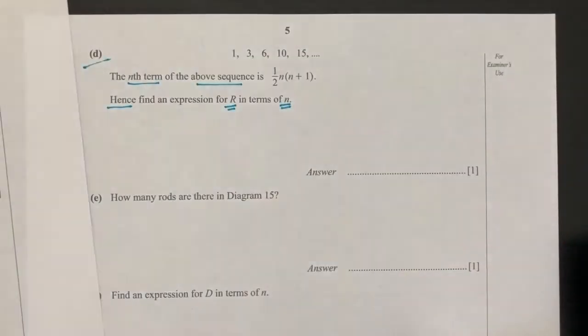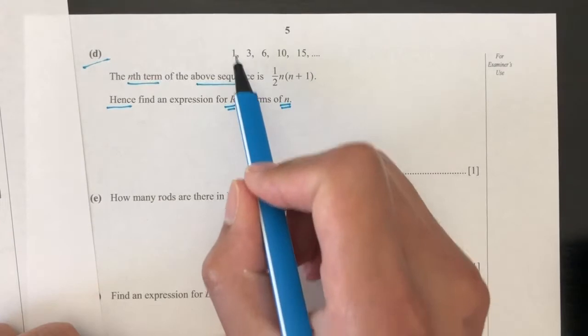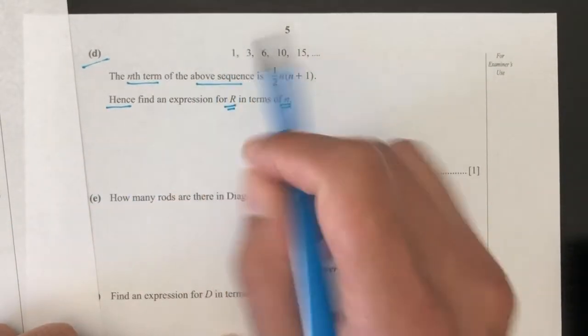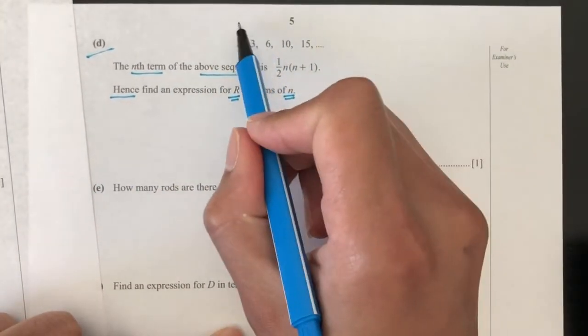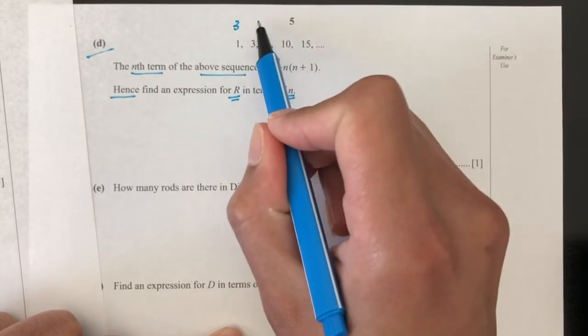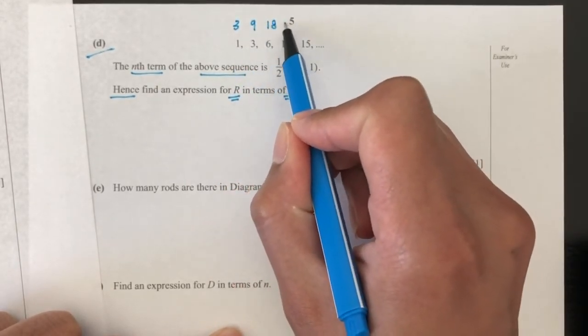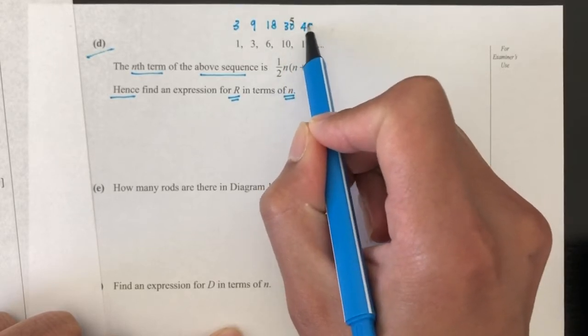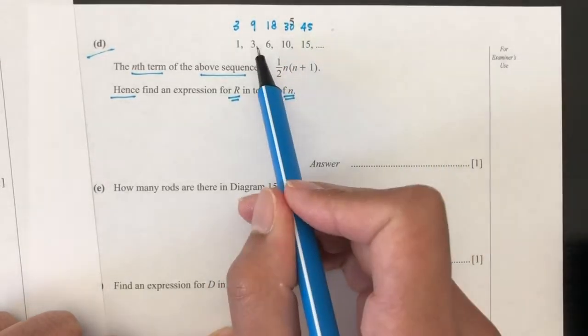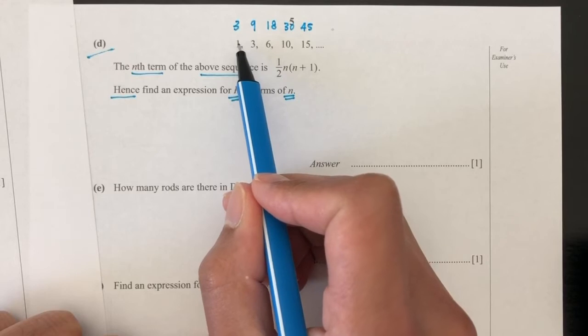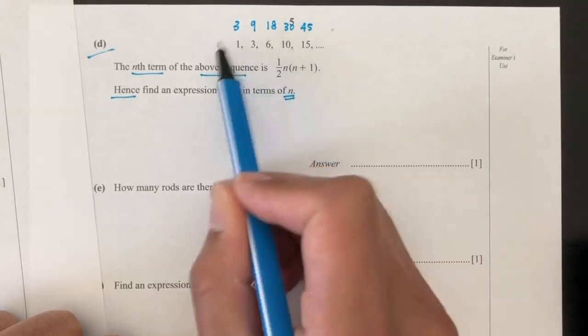If you observe our terms here, for R we have 3, 9, 18, 30, and 45. So how can we use this to find the nth term for this? Let's write this down side by side. For the R term in the table, the first term is 3, the second term is 9, then 18, then 30, and 45. As you can see, how do we change this to this?